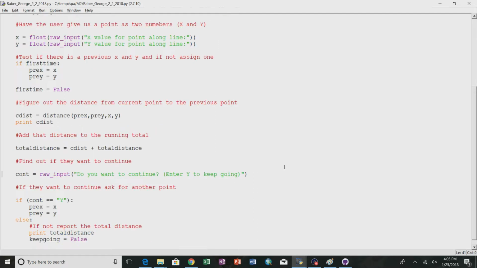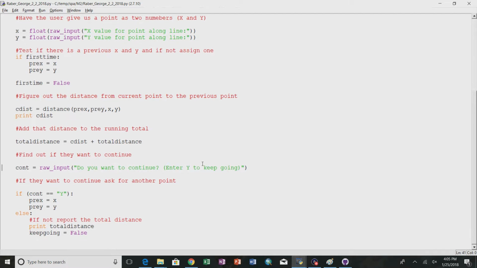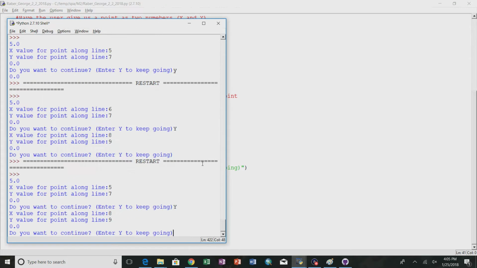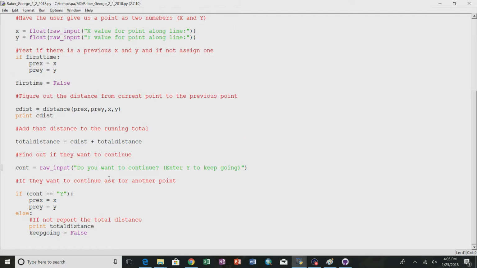Didn't work. What's that? The last part of it, after the if continuing equals y. Yeah, the pass button. No, I don't need the pass there.